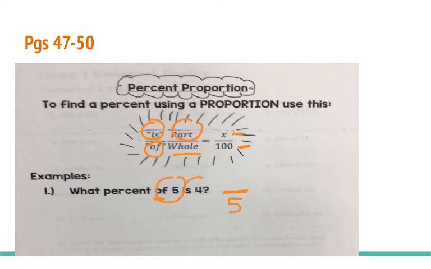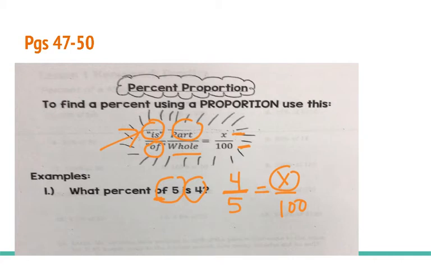"Is" 4, again, there's that word "is", so that's going to go on the top. Equals X over 100 because we're trying to find the percent. And if you recall, percent means something out of 100, right? So we're trying to find what percent is 4 of 5.